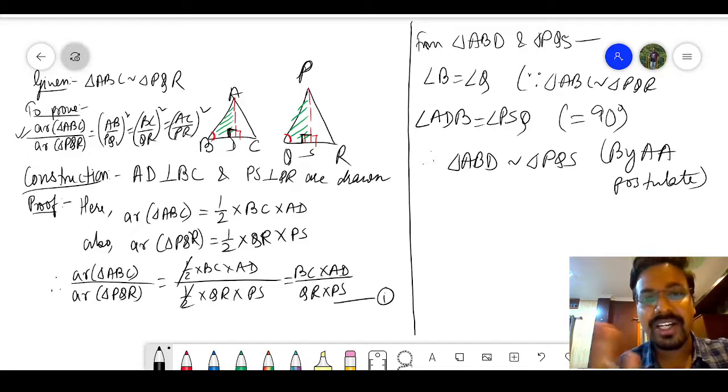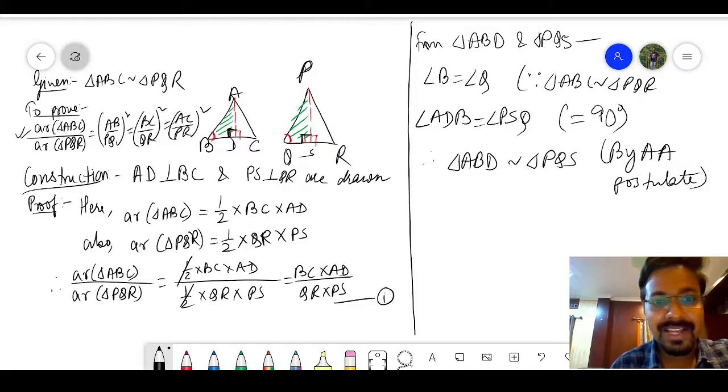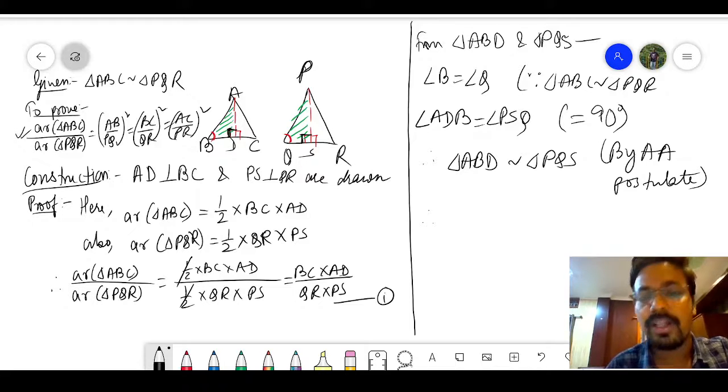If these two triangles are similar, then what? Now see, these two triangles contain the two perpendiculars. Triangle ABD contains AD and triangle PQS contains PS, right? Now look what we do here. This is interesting. If two triangles are similar, their corresponding sides are proportionate.